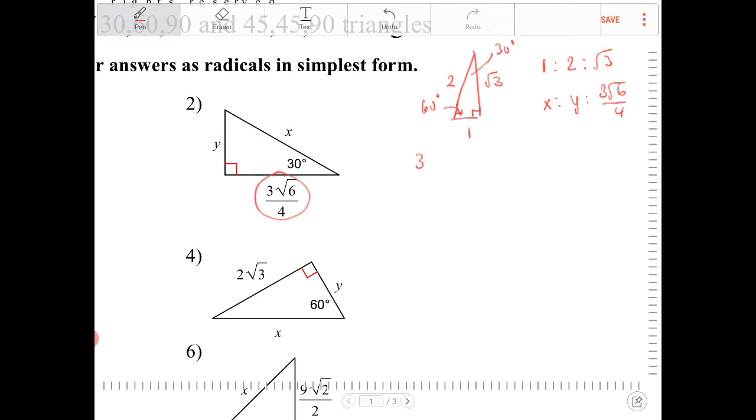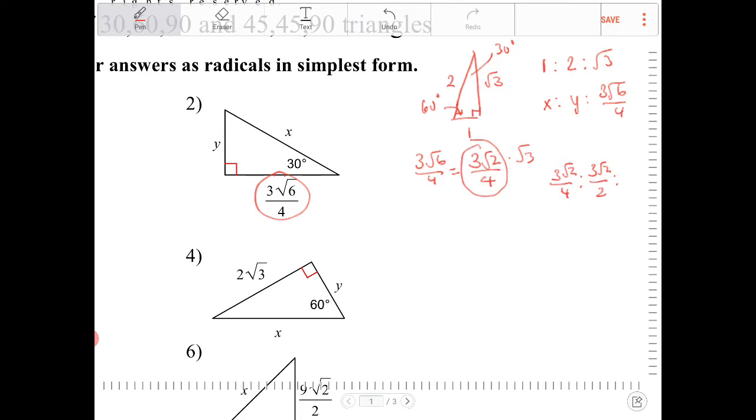I notice that 3 radical 6 over 4 is equivalent to 3 radical 2 times radical 3 over 4. So that's what I multiplied. This proportion is what I'm going to have to multiply to each of the other two sides. One more time, 3 radical 2 over 4 is the proportion, so I multiply 1 by 3 radical 2 over 4, and I multiply 2 by 3 radical 2 over 4, giving me 3 radical 2 over 2.